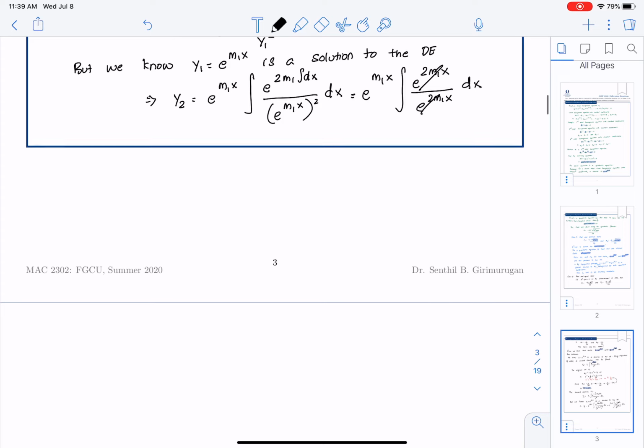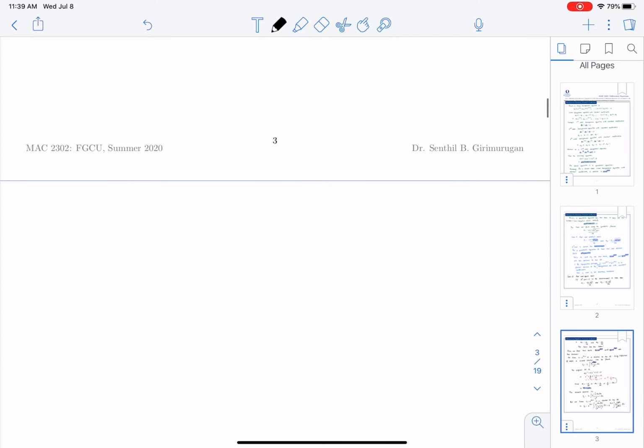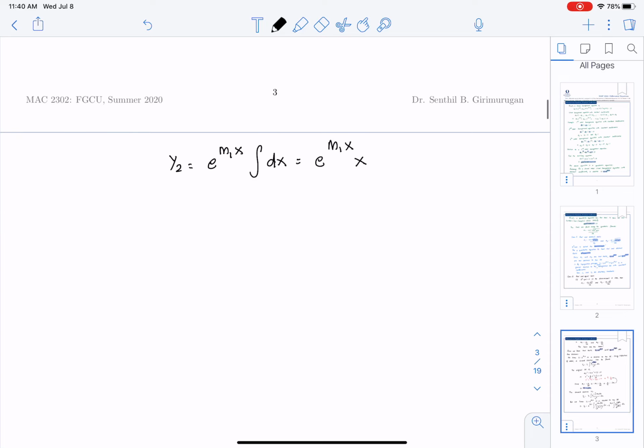And I would have y2 equals e raised m1x integral dx, which would give us e raised m1x multiplied by x.